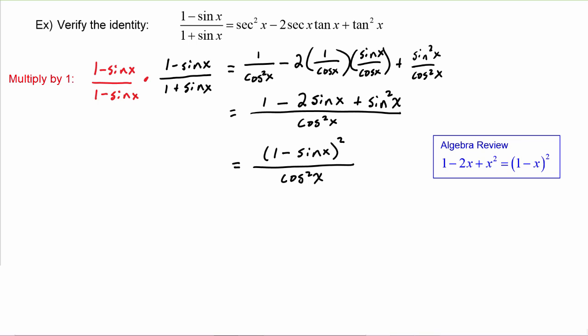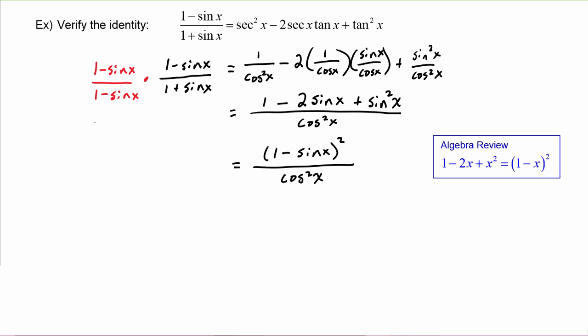Now the reason that I'm choosing to do that is because I look at the right-hand side and I notice that I have a 1 minus sine of x squared, and I had a 1 minus sine of x here, so all I need is another one to end up with it being squared.